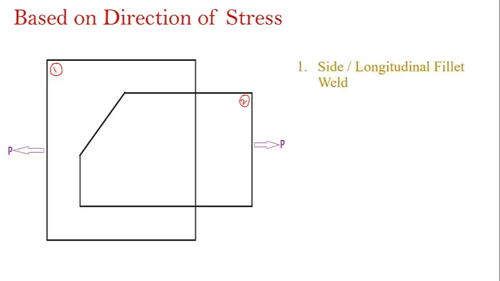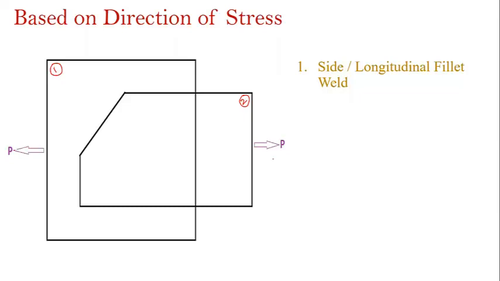The first one is the side or longitudinal fillet weld. What does this mean? A side or longitudinal fillet weld is a weld which is provided parallel to the direction of load applied. Where will you apply the load?